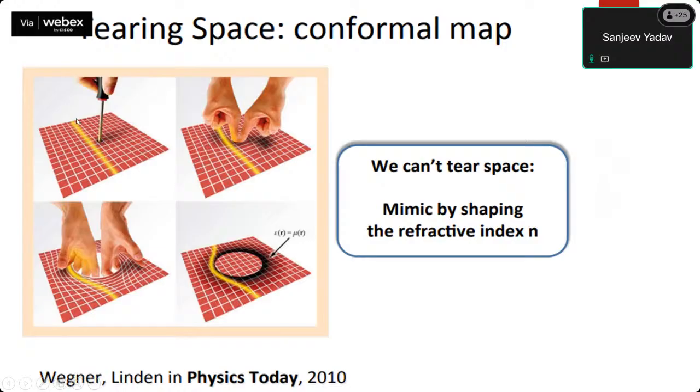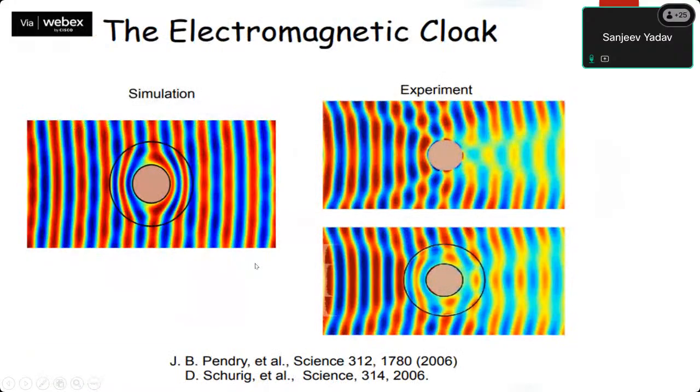Like here, you can see that the straight line is there. By tearing the space, whatever signal is transmitted, we are going to receive at the end as well. So whatever is in between the torn space, this way invisibility came into existence. This is the electromagnetic cloaking.